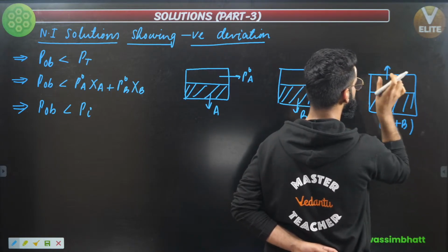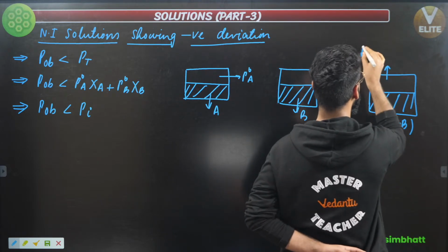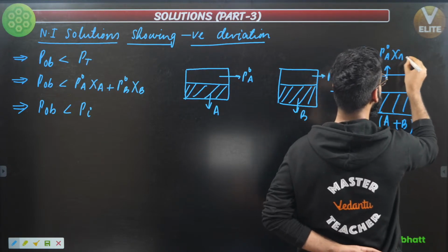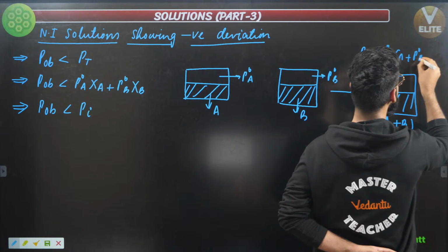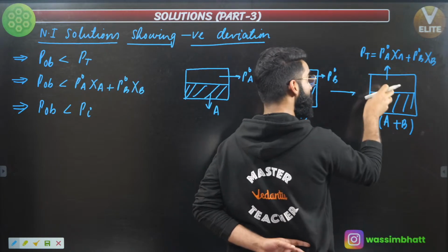And the total vapor pressure of the solution, as per Raoult's law, should be equal to P naught A chi A plus P naught B chi B. As far as Raoult's law is concerned, the total vapor pressure of the solution should be this much.